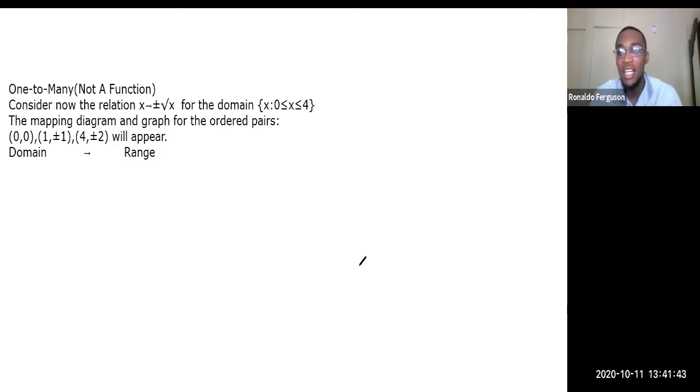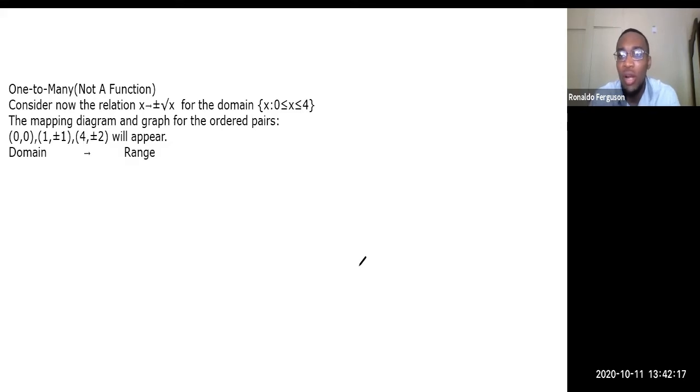A one-to-many relation is not a function because remember what it says. It says each element in the domain must map to only one element in the range. So with a one-to-many relation, it's already not satisfying the criteria to be a function, because one element in the domain is being mapped to more than one element in the range.